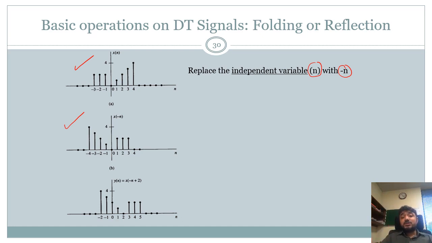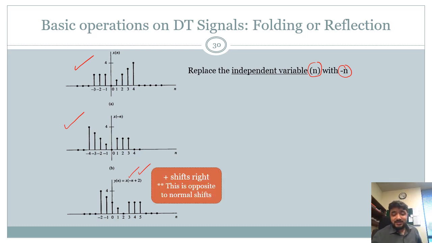However, when you're doing multiple operations one after the other, like for example, when you want to do a folding followed by this +2 operation, so the +2, if you remember, is time advancement. However, when it's applied to a folded signal, it actually leads to a time delay. This is the thing that I wanted you to be careful about.